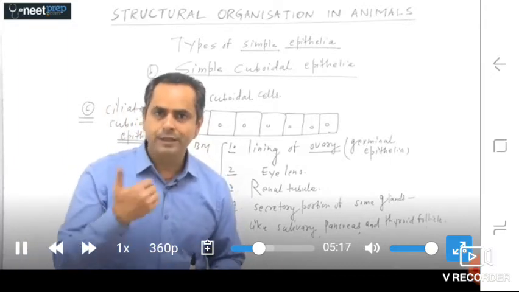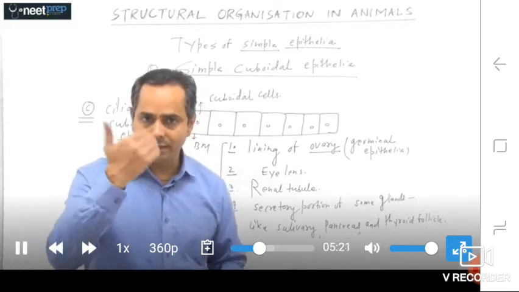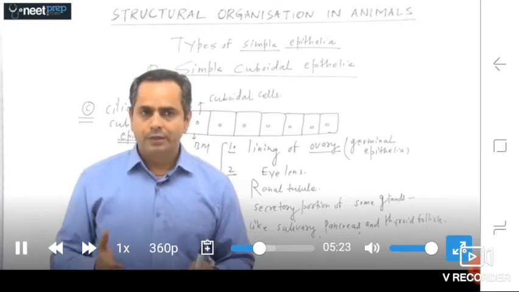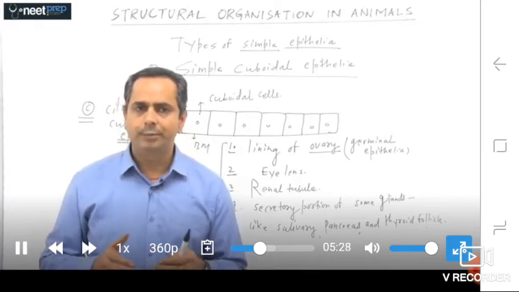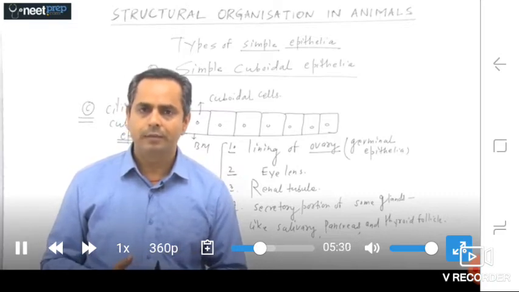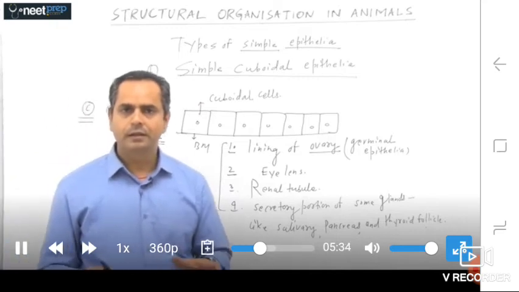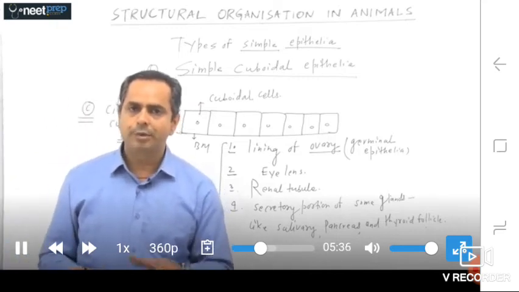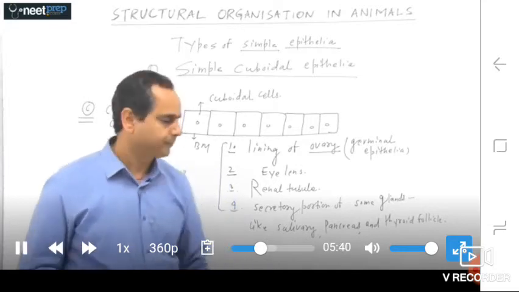So it helps in the expulsion of mucus that traps the dust that is coming through the air. So that kind of epithelia we can see in the bronchi and the bronchioles.